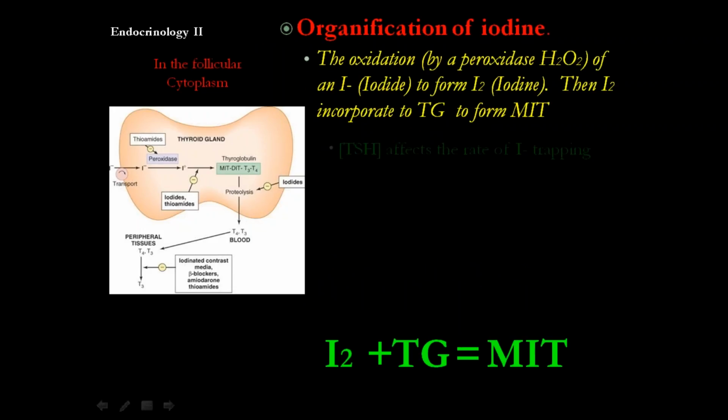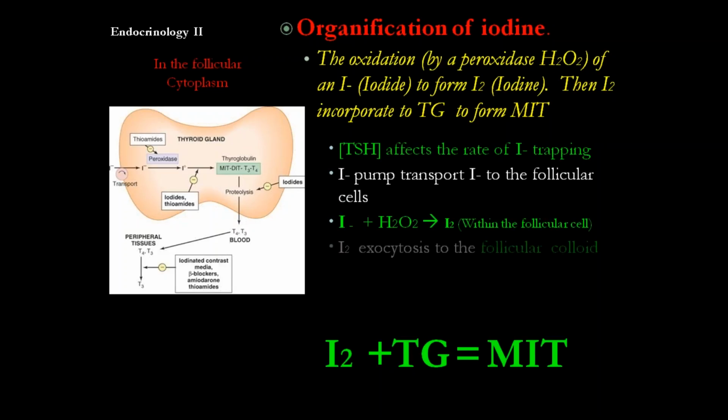The iodide is going to be pumped into the follicular cells, and the iodide is going to pass through the peroxidase, which is going to change it from iodide into iodine. Iodine is a molecule of two iodines together.